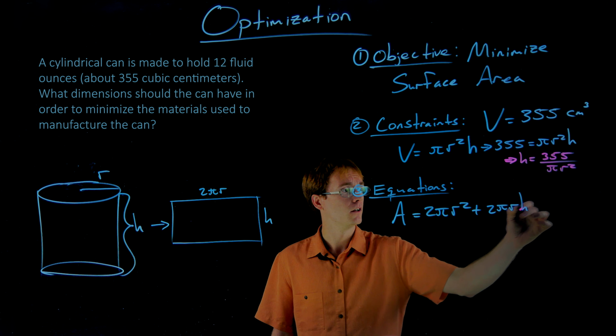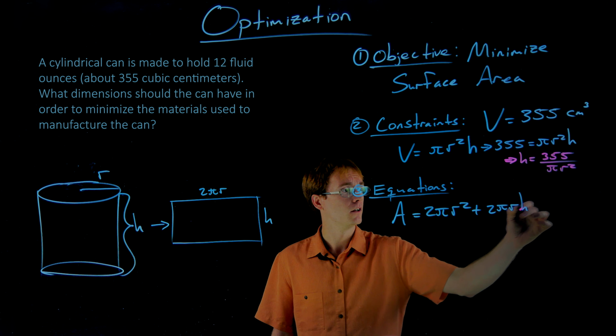And to find that height value, we just go back to that equation from our constraint that we used earlier. h is equal to 355 over pi r squared. So h will be equal to 355 over pi times 3.87 squared. And that works out to be approximately 7.54 centimeters.